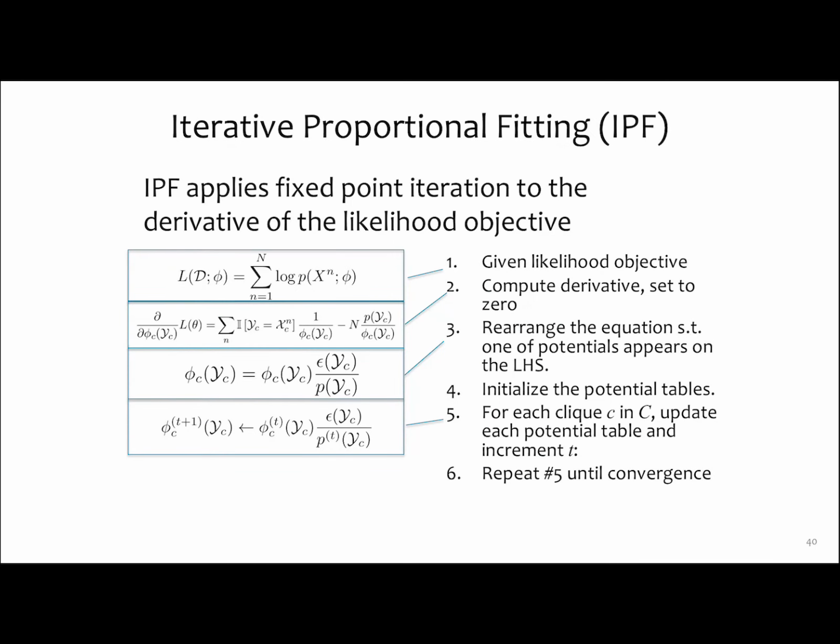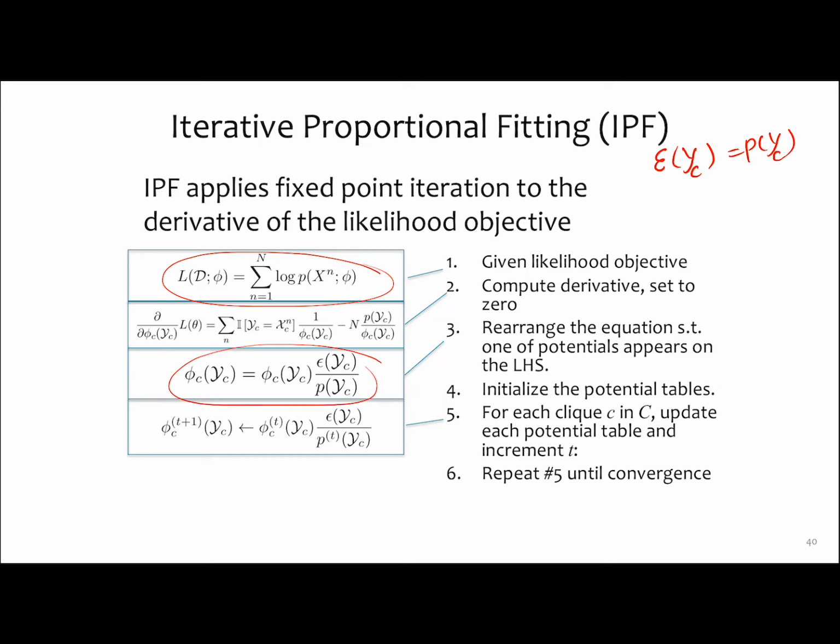So let's go back to our case. Remember that we had this loss function, and we take a gradient with respect to the parameter of the clique C, and we get this condition. Remember that? Okay. So that was our condition, right?